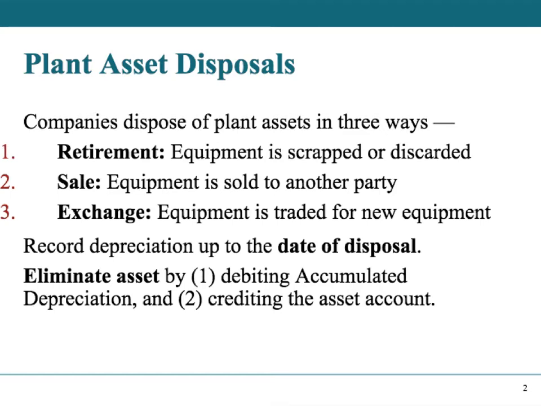Then you need to update depreciation. So do that journal entry for depreciation expense, accumulated depreciation, before you do your sale or you discard or dispose of an asset. So you have that extra half a year of depreciation in. And then we will get rid of accumulated depreciation, and we will get rid of the asset account itself, and then see if there's any gain or loss on the transaction.